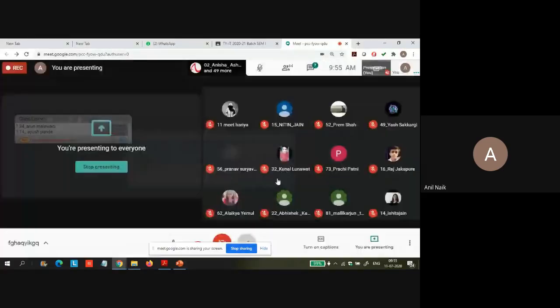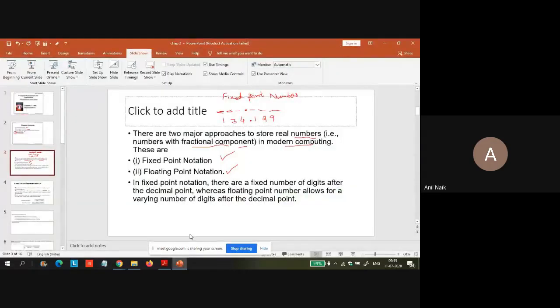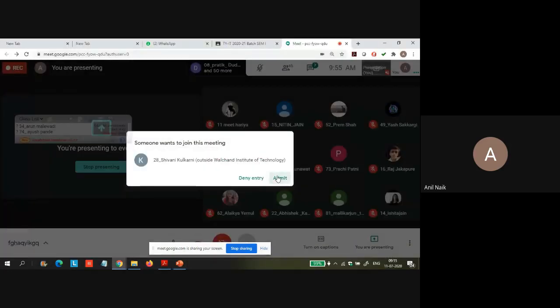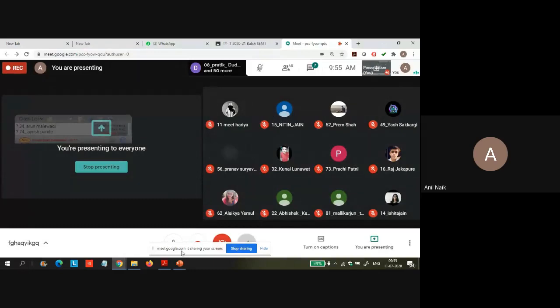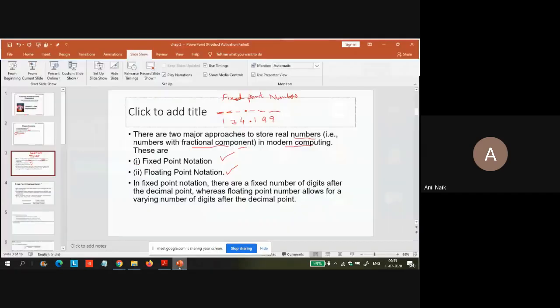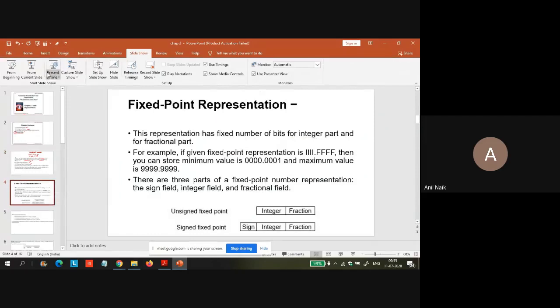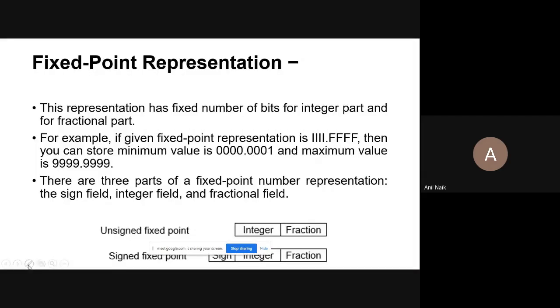So in floating point, what happens? We can adjust, we can shift the decimal point. In the fixed point number, the digits before and after the decimal point are fixed. Now, fixed point data representation: the representation has a fixed number of bits for the integer and fractional parts.